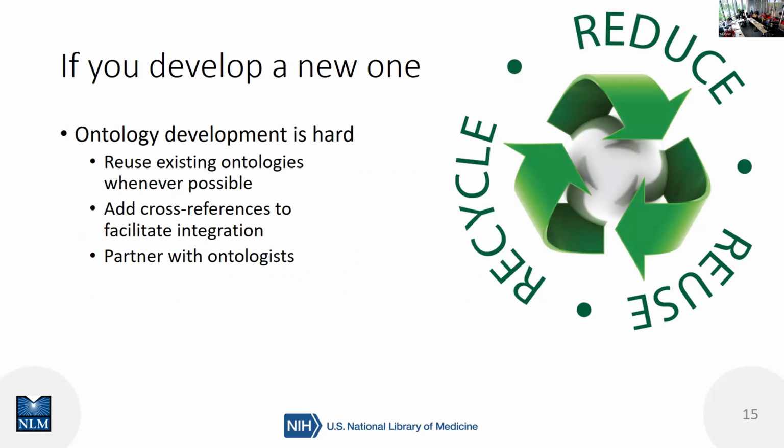Think of reusing. I know you are already. It's hard to build an ontology, as most of you have figured out at this point. So reuse whenever you can. Leverage existing cross-references to other ontologies so as to facilitate integration.